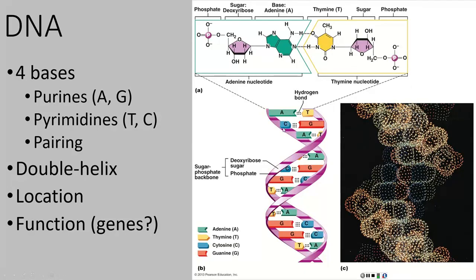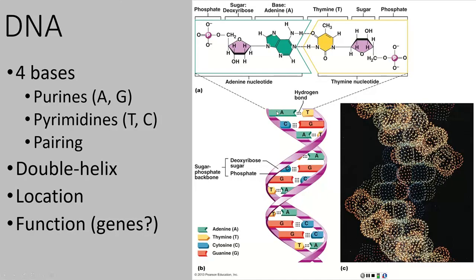If on one side we see that it is a cytosine, it is always going to be a G, a guanine, on the other side. Cytosine and guanine are always joined together. That's the base pair rule. A and T go together, C and G go together.